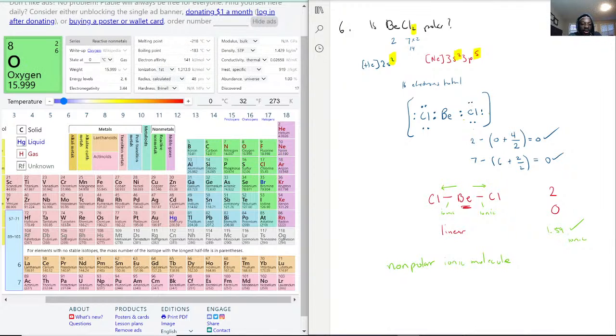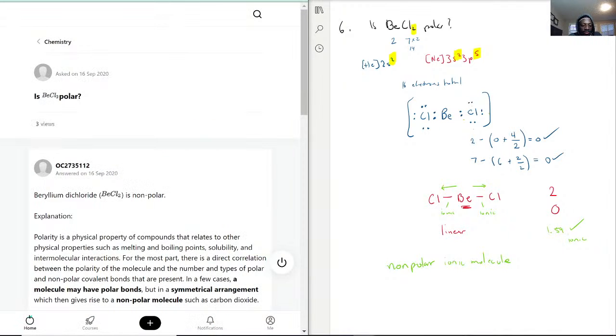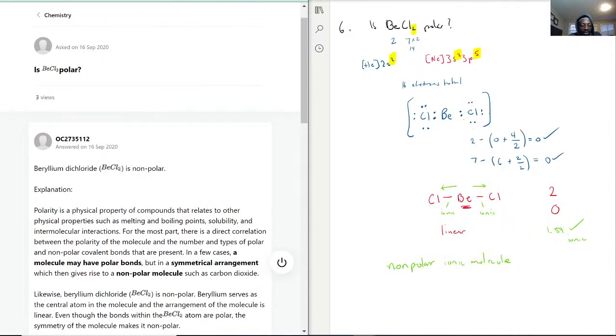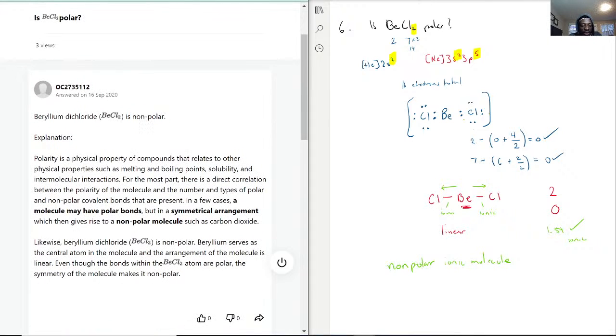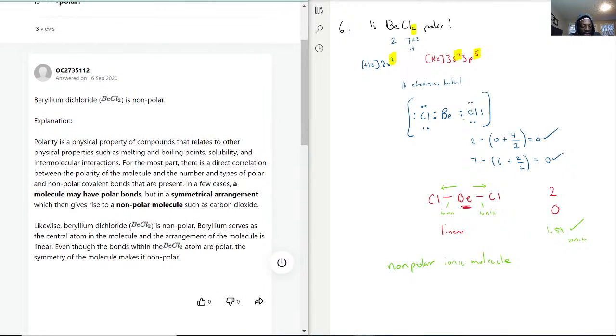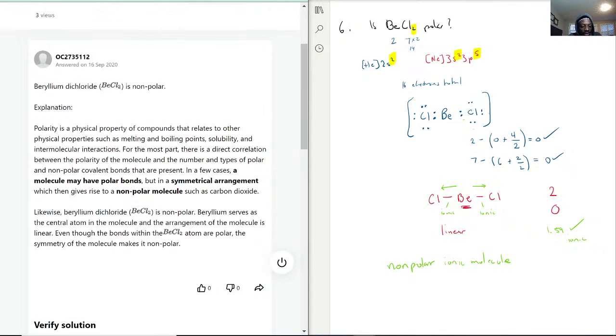Okay, so let's see how we did. Yep, it is non-polar, and the way they explain it, exactly, they're symmetrical, as we showed through the linear electron geometry. And so they're non-polar.